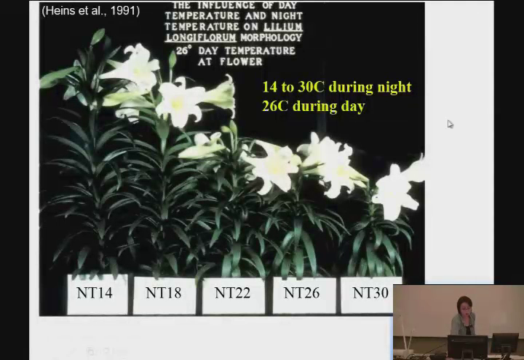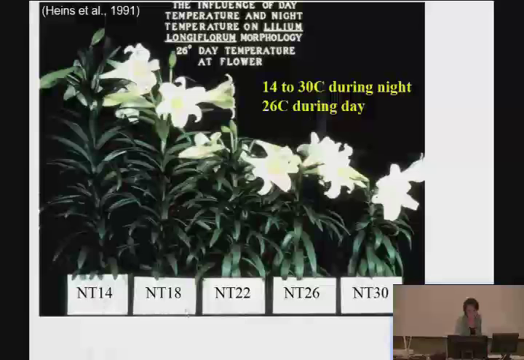This is the opposite. This time they fixed the daytime temperature at 26 degrees C, so all conditions are at 26 degrees C daytime temperature. They have, by the way, a sophisticated greenhouse, so they can set any temperature in so many compartments. But anyway, 26 degrees C during the day, nighttime temperature 14, 18, 22, 26, 30.